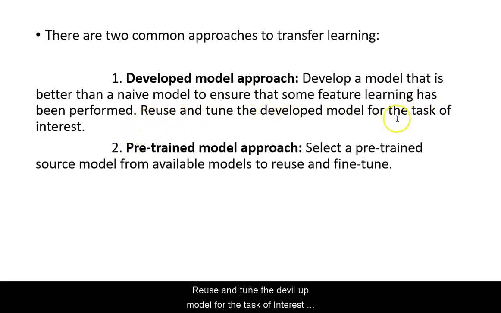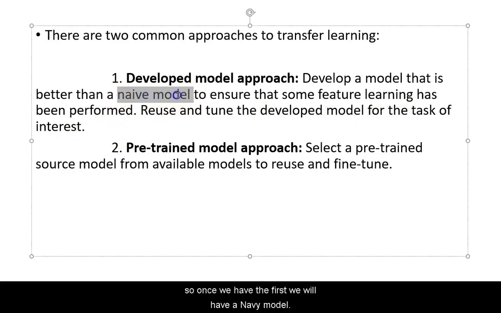Reuse and tune the developed model for the task of interest. So first we will have a naive model, then we will develop a model which is better than the naive model, and we will reuse and tune this better model for a task of our interest.